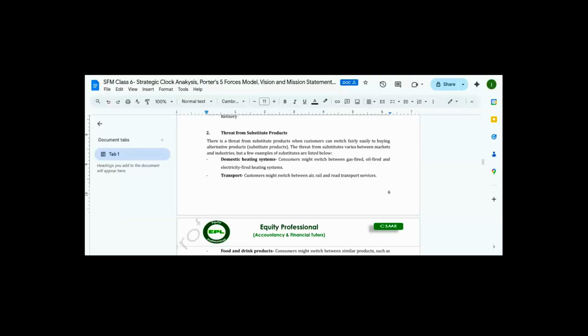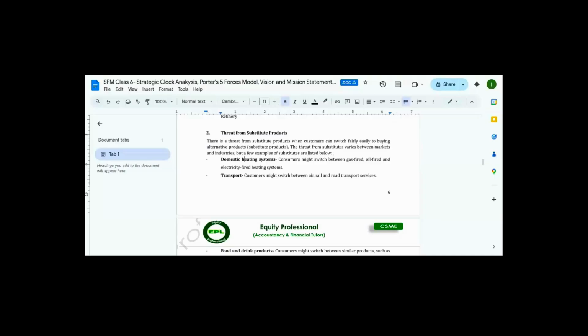So we can see a few examples. The threat from substitute products varies between markets and industries, but a few examples of substitutes are listed below. Look at the examples here.